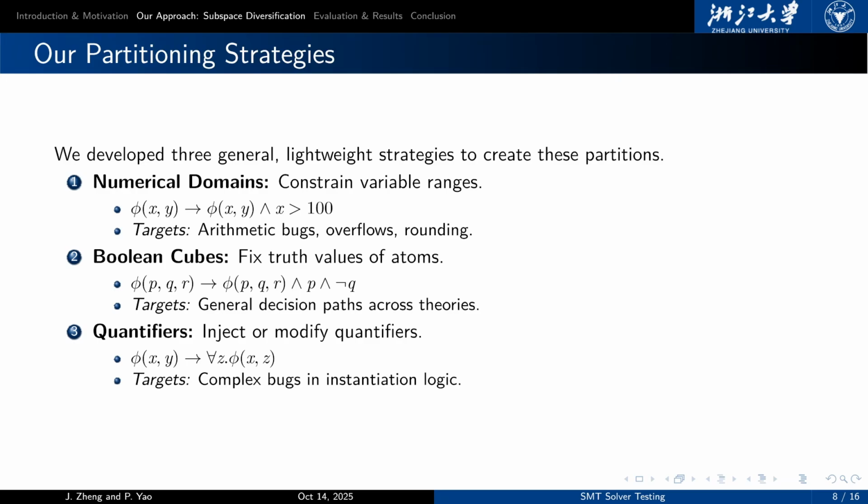This tests the solver's quantifier logic, and this part of the solver is really difficult to get right, with common issues in areas like instantiation strategies or handling quantifier alternations. This makes it a very fruitful area for bug hunting. It also tests its decision procedures.